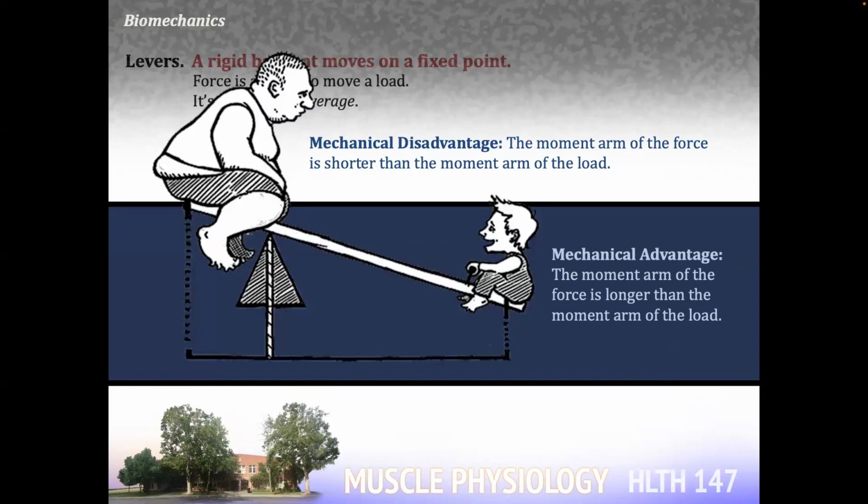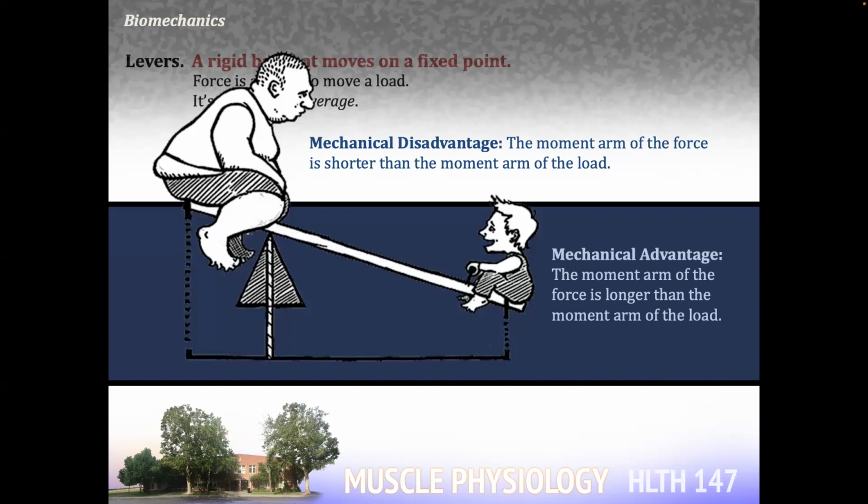But he has the leverage here. He has a huge mechanical advantage. His moment arm is way longer. The moment arm of his force is much longer than the moment arm of his load, which is the Dursley kid from Harry Potter on the left.